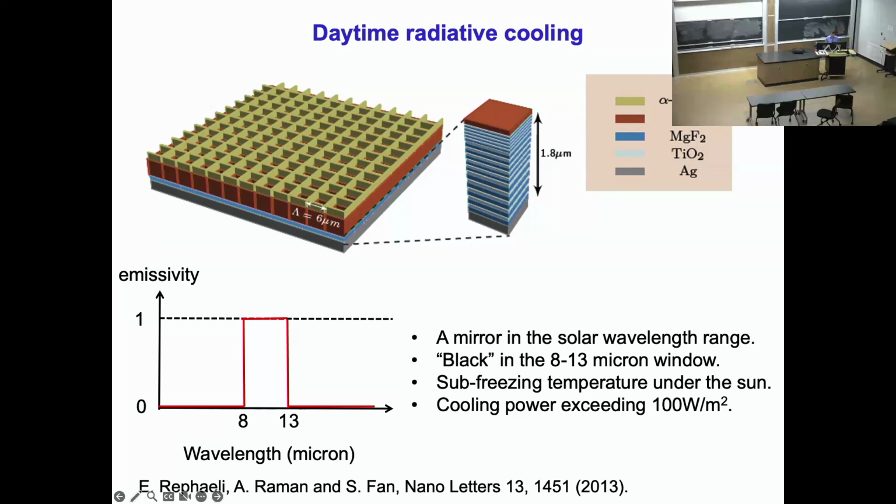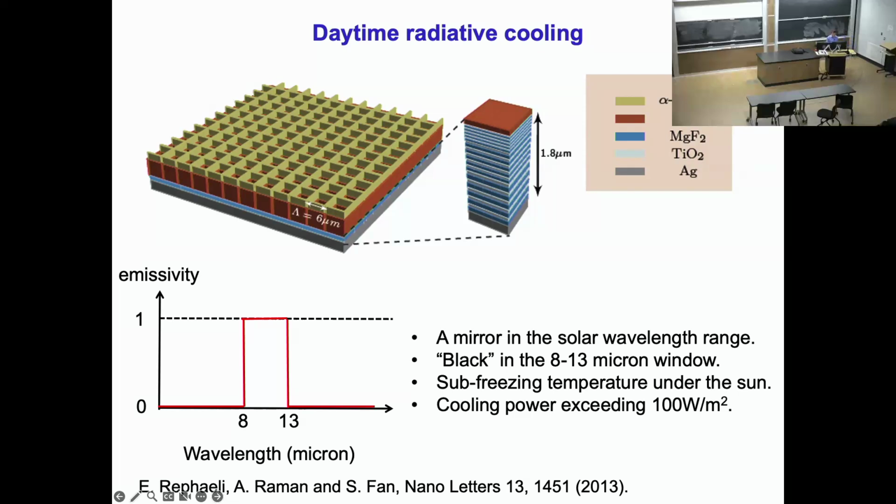We did some calculations to show that if you construct this structure and put it under the sunlight, and you work out the correct thermal insulation scheme, this structure should reach sub-freezing temperature under the sun. And the cooling power, which is the amount of heat that you need to pump into the structure to bring it back to the ambient air temperature, exceeds 100 watts per meter squared.